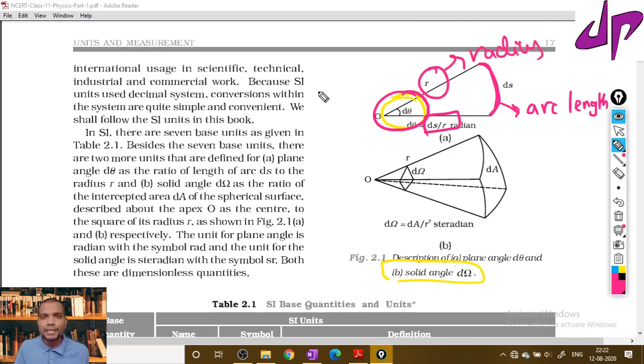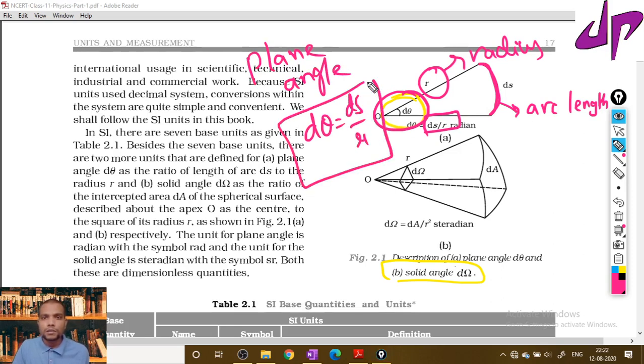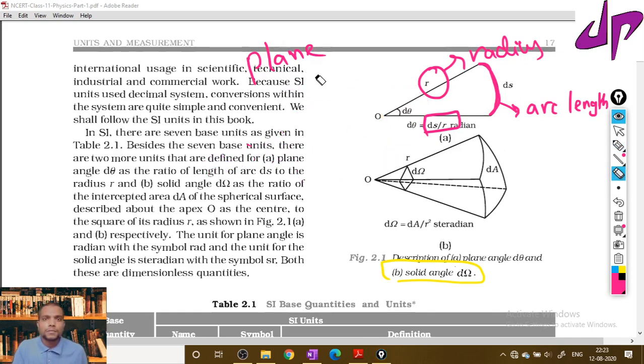Now the plane angle d theta equals ds by r. Plane angle units are radians, the basic unit of radians. I hope you got it.